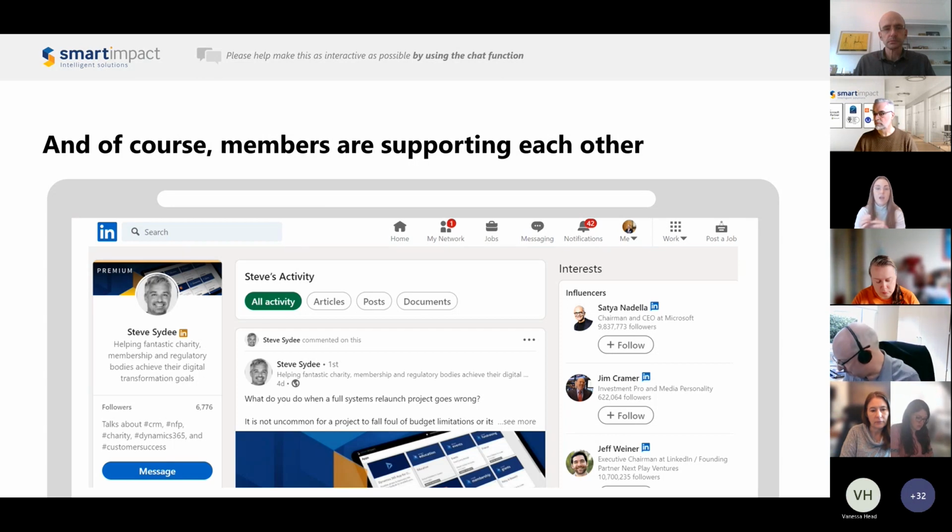They are free, and the biggest disadvantage for membership organizations is that you as a membership organization may not be part of this group, so you actually are excluded from this, which may be an issue for you. So this is what we're hoping to mitigate with using your website.